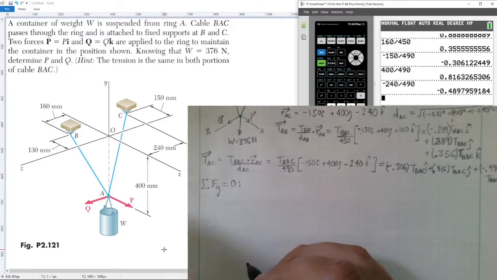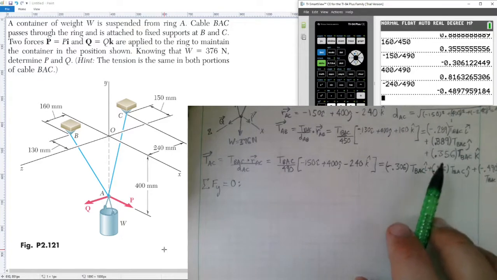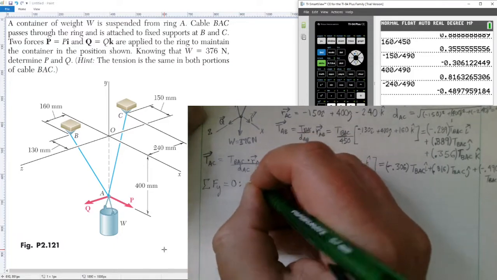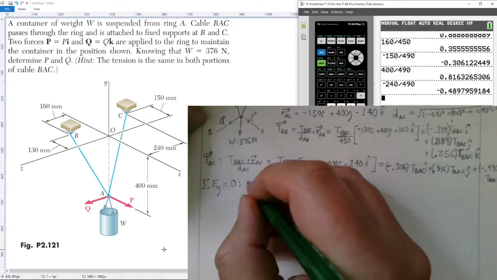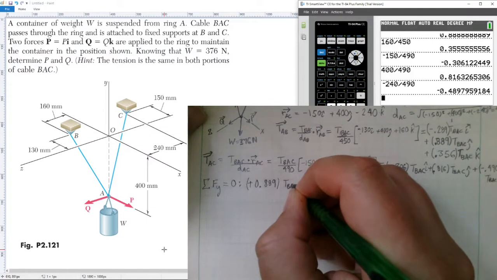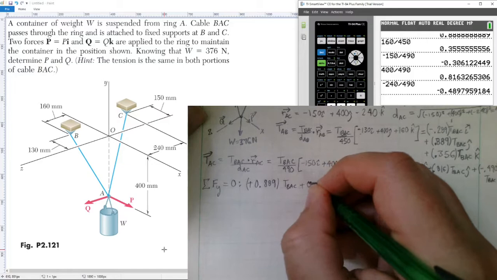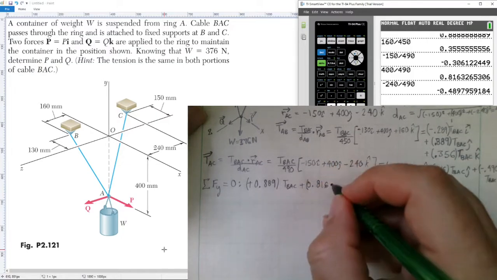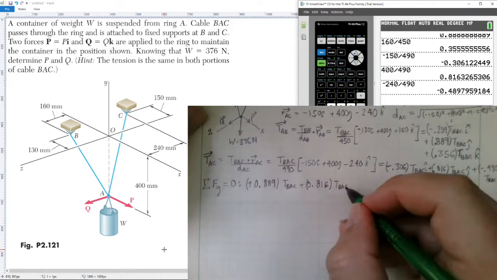In the Y direction, I have tension BAC j hat for A to B and A to C. So we'd have positive 0.889 times tension BAC, and then plus another 0.816 times tension BAC again, in the j direction.